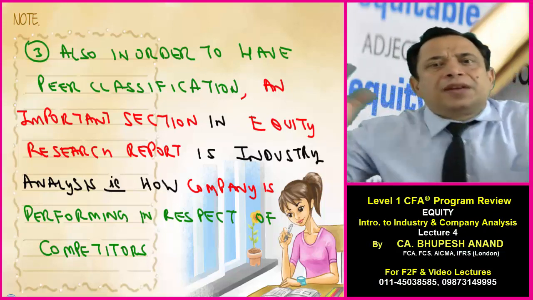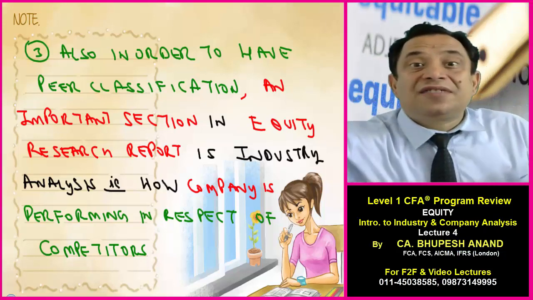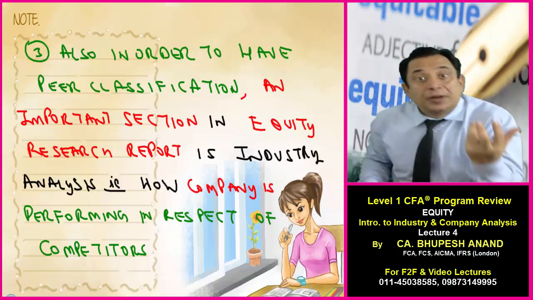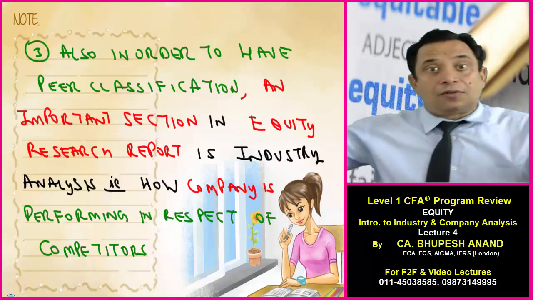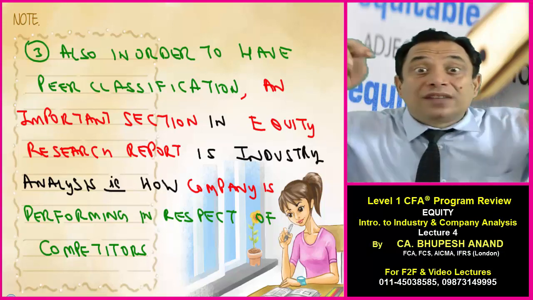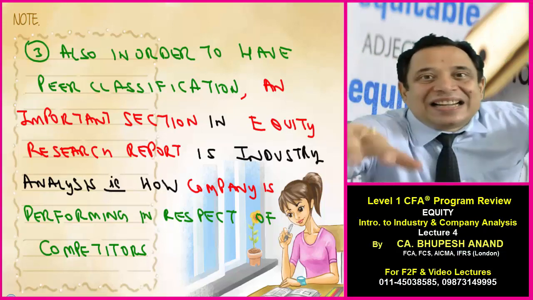Let it be the case. I just want to explain, we have done in corporate finance leverage: operating leverage, financial leverage, combined leverage. Now whether operating leverage should be 2, or 3, or 13, I am not aware of. So what I will be doing, I will be calculating the average of the operating leverage of similar companies within that industry.